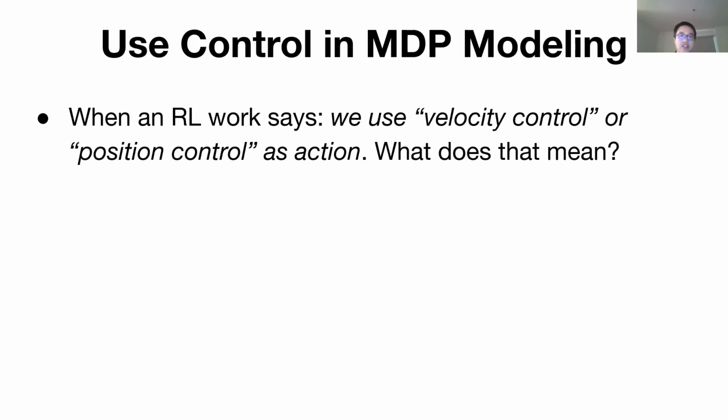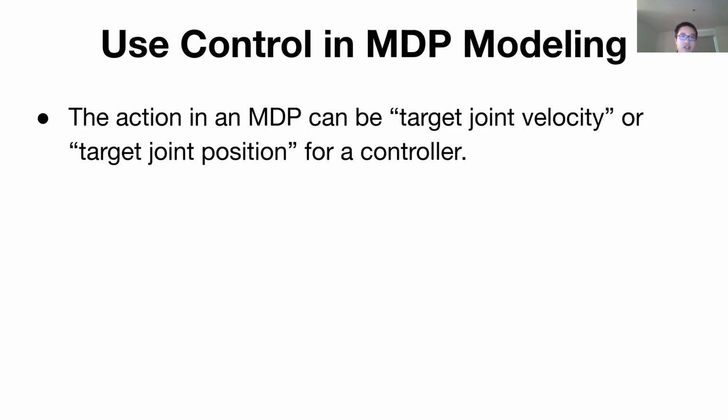Control can also be used in MDP modeling. You may see the RL paper claim we use velocity control or position control as an action. What does that mean? Here, they're really saying the action in the MDP is target joint velocity or target joint position for a controller.